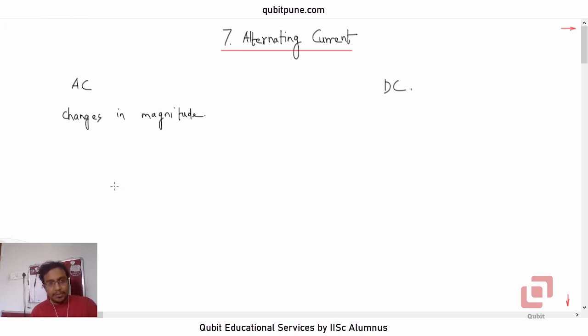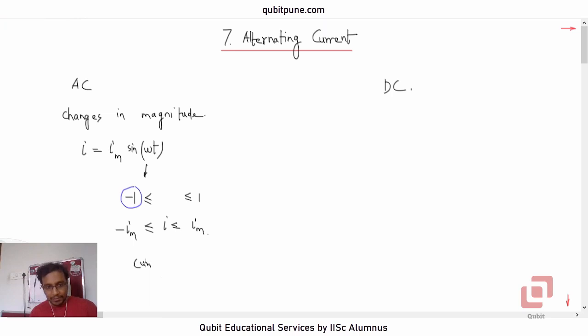The most common representation is I equal to Im sin omega t, where Im denotes the amplitude of the current, or the maximum value of the current, and because sin omega t can range between -1 and +1, the instantaneous value of our current is going to range from -Im to +Im. The negative sign here is important, which basically tells us that the current is reversing direction.